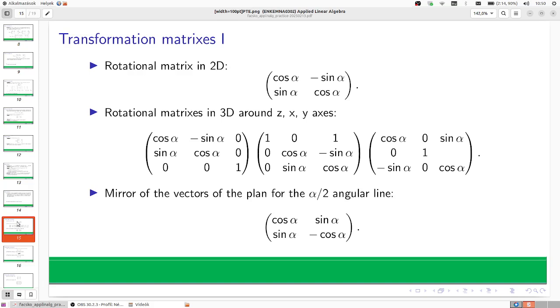If you are in 3D, and you have another polar coordinate system, then it is also helpful.